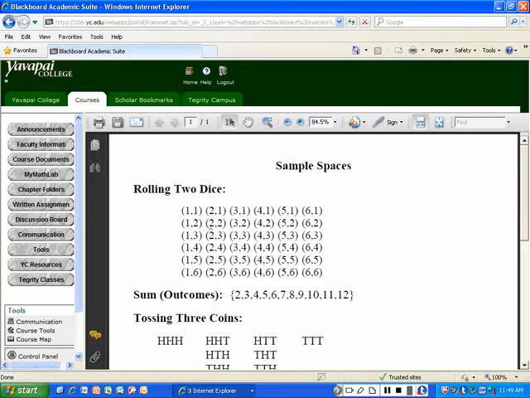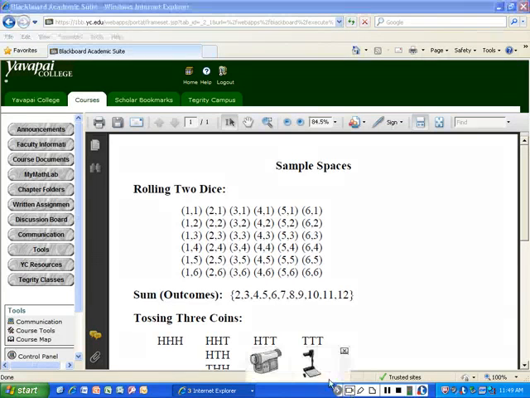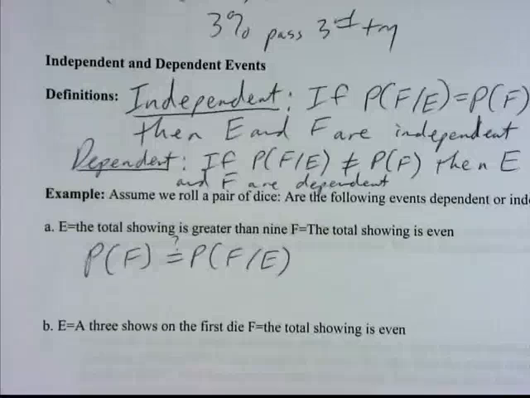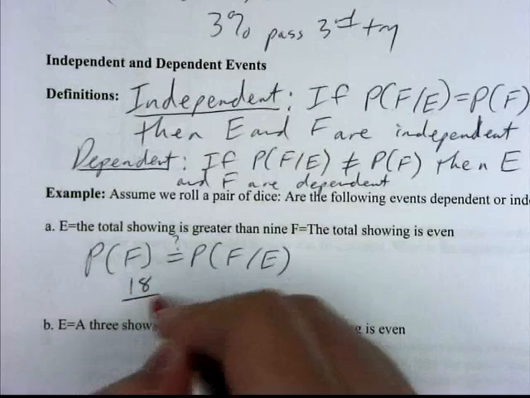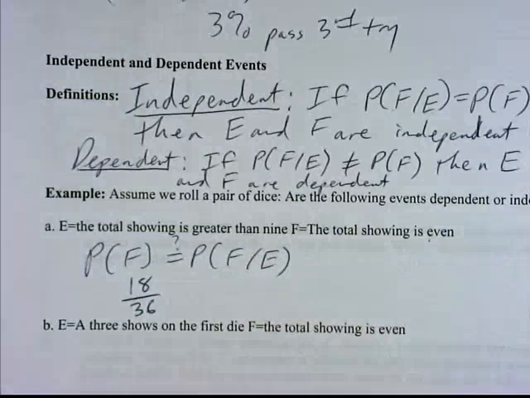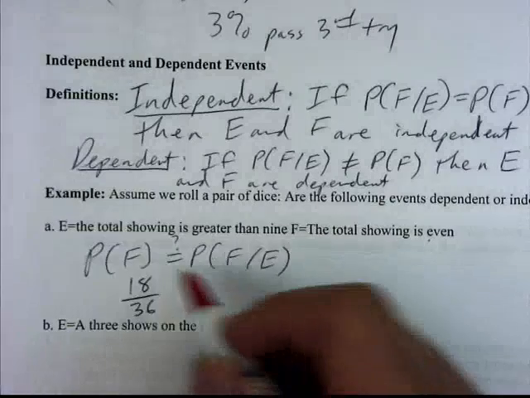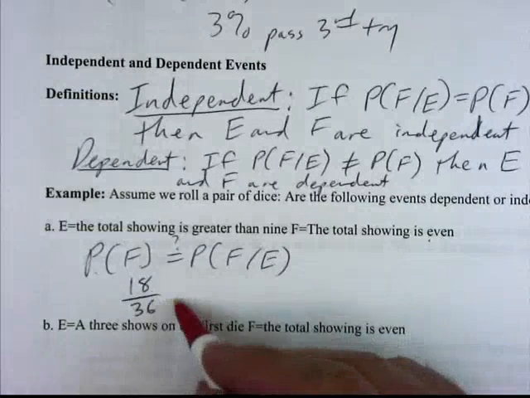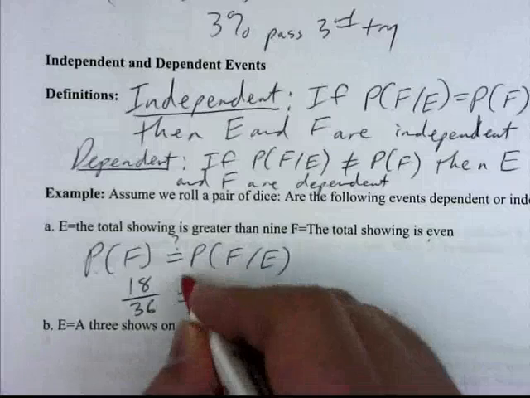So I'm just going to count these up. I have 18 out of my 36 ways that I could get an even sum. So my probability of F is 18 out of 36.